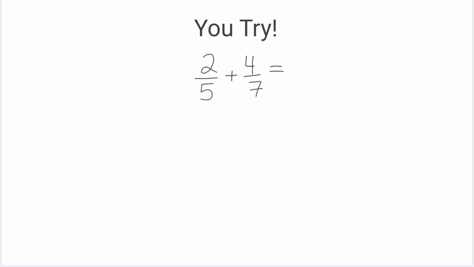So same process here. We're going to find a common denominator because 5 and 7 aren't the same. And so what I'm going to do is that surefire method of multiplication. Now 5 times 7 gives me 35. This will become my new denominator.